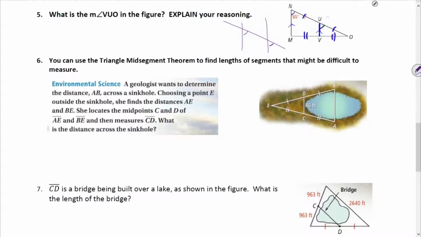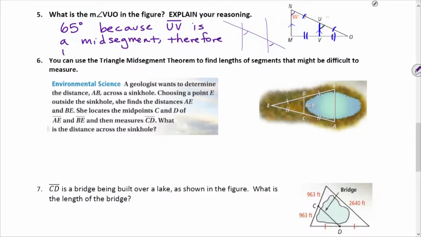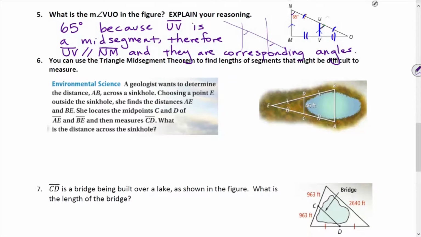If the lines are parallel, then corresponding angles have the same measure. So this is also 65 degrees because UV is a midsegment, therefore segment UV is parallel to segment NM, and they are corresponding angles.